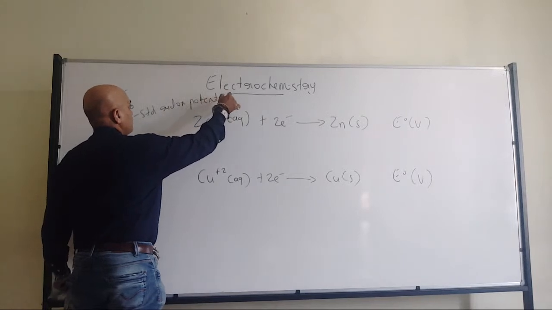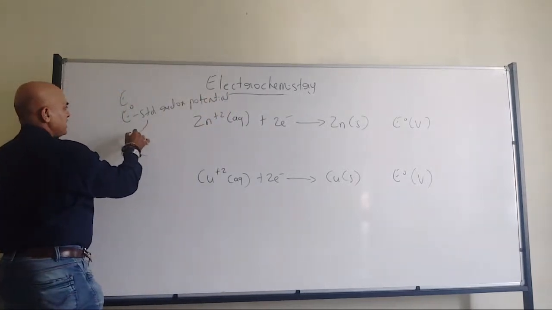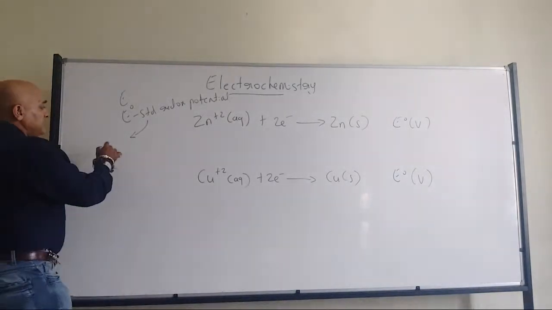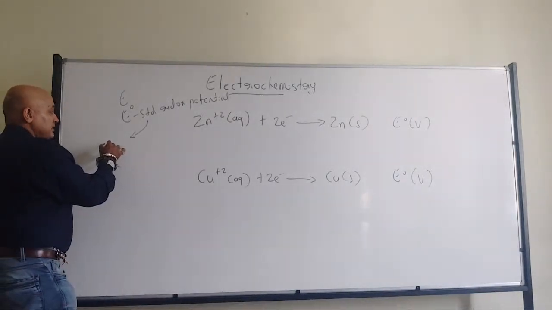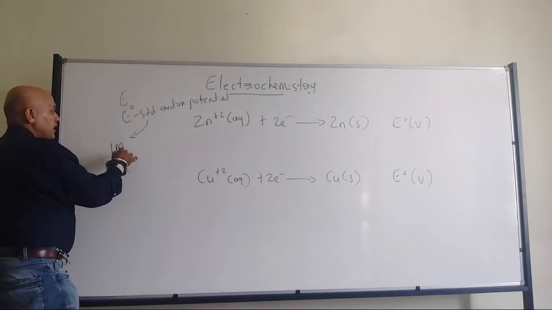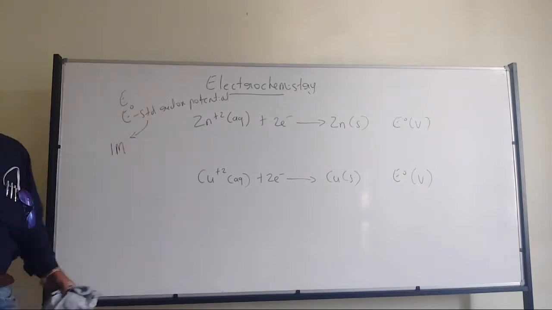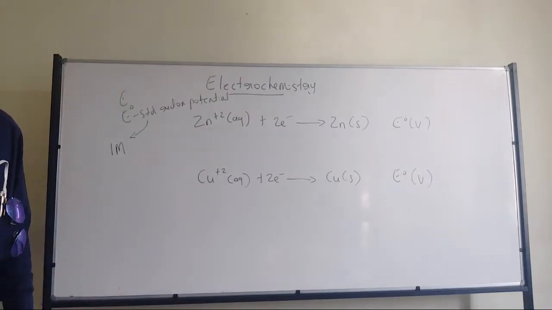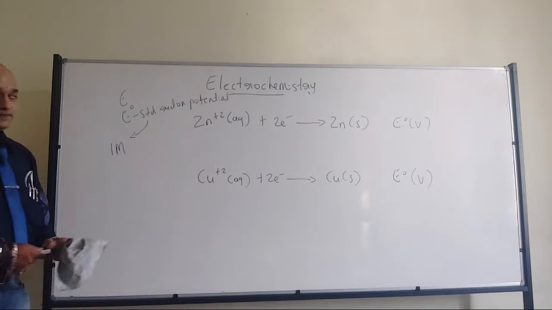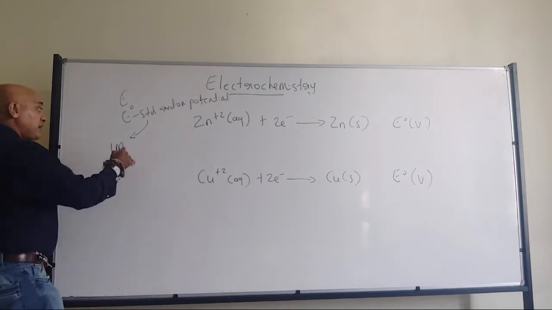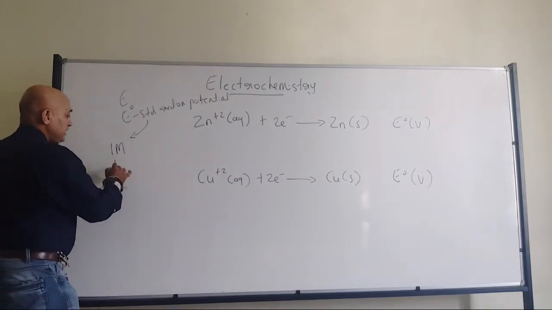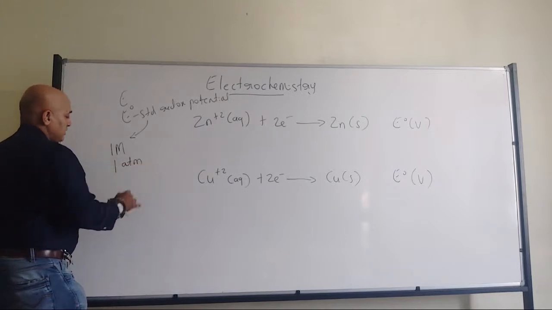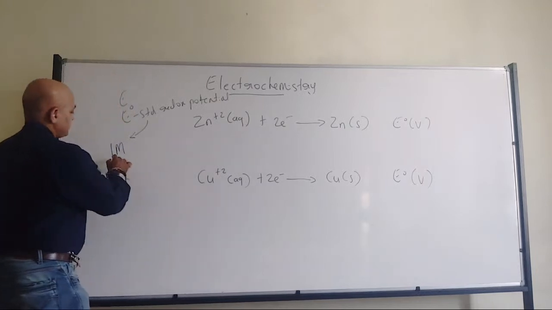So what do you mean by standard redox potential? Where redox potential has been calculated under the standard condition, that is when we have taken 1 molar concentration of these molecules, these ions. If I am talking about gaseous molecules, it should be 1 atmospheric pressure. Sorry, not 1 atmosphere, 1 bar pressure.